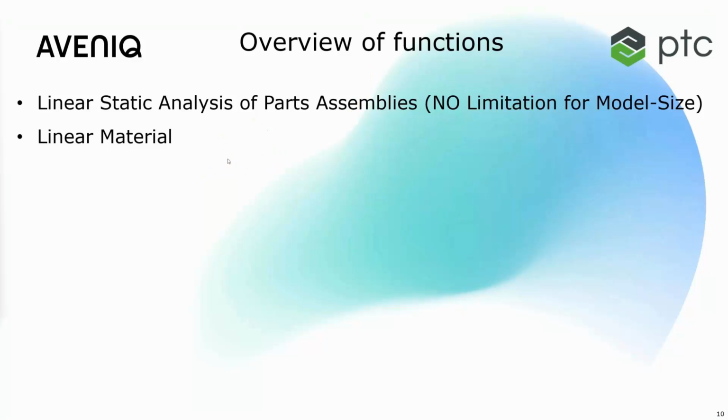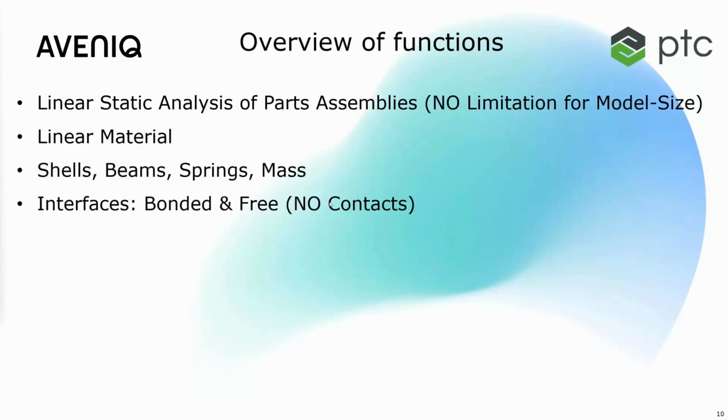So linear material properties. In addition to that, you can use shell, beam and spring models. You can add some masses. When you're working in the assembly environment, the interfaces are bonded or free. There is no contact capability available in this tool.